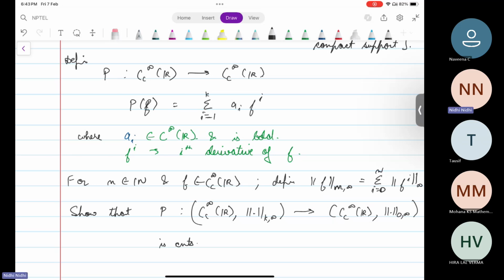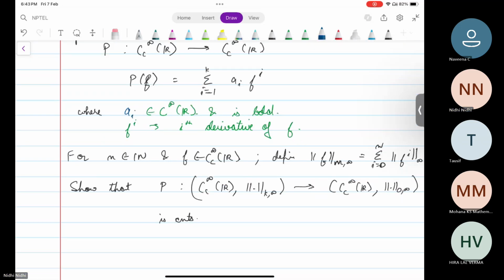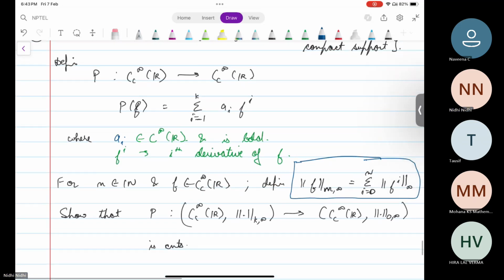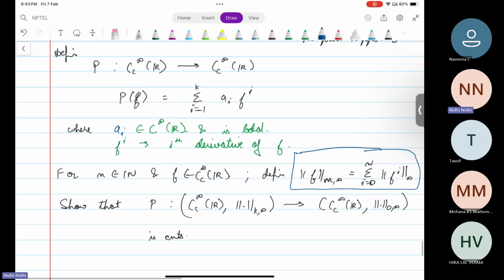So firstly, we should always check whether this defines a norm or not. I would like you to try this yourself right now. Just check whether this is a norm or not. I'll wait for 5 to 6 minutes. After that, we'll see how to show that this function P is continuous. Please try and see whether this is a norm.